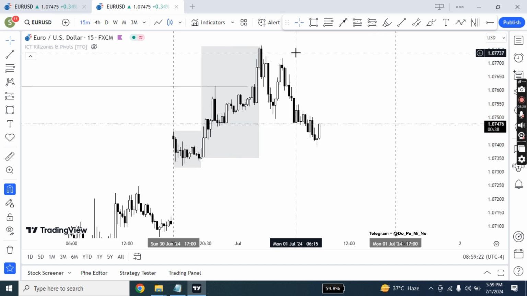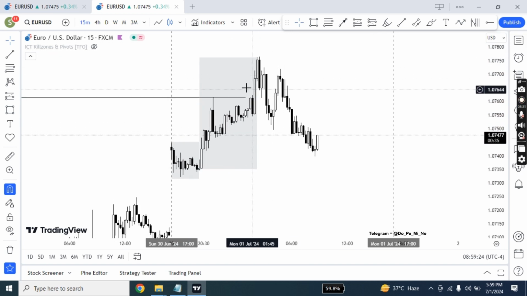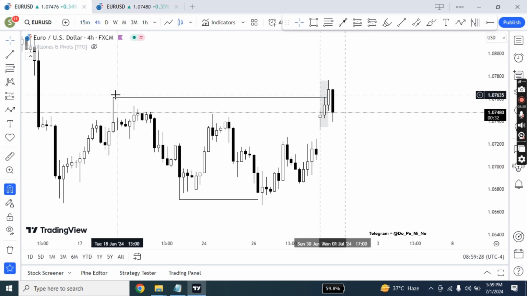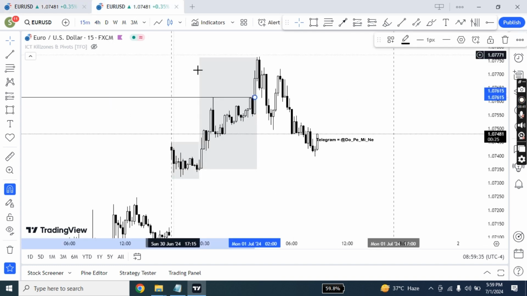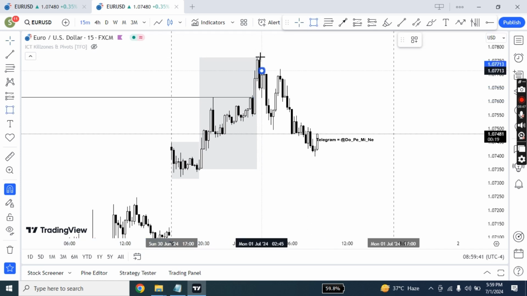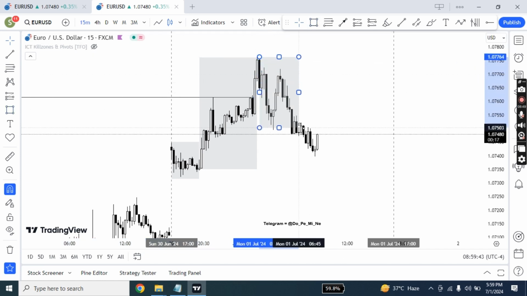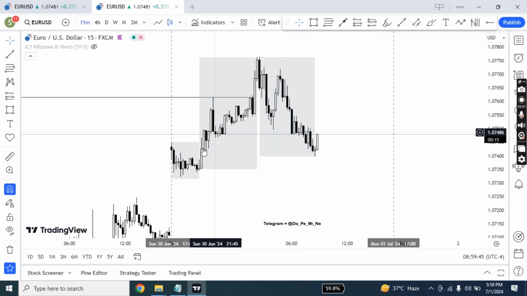In this case we had an expansion, right? Now the unique thing about this expansion again is that with this expansion, we took out another key level, which is in the form of this 4-hour swing high or range high, and this expansion tested a key level. So after that, what can we expect? We can expect a reversal, right? So you can see here that we are using proper logic.